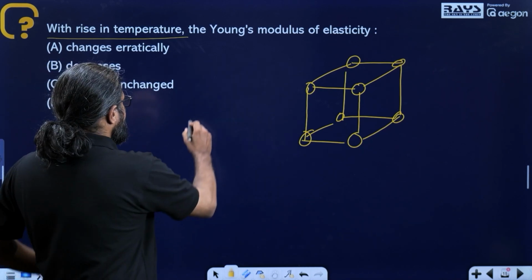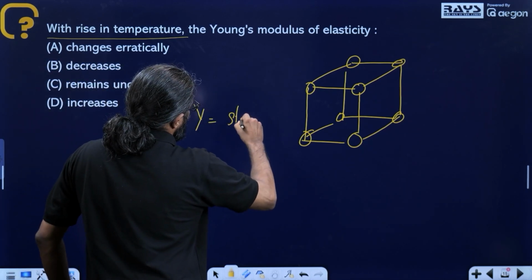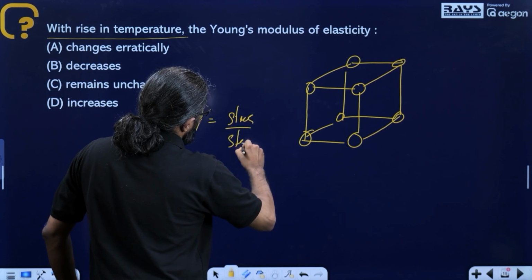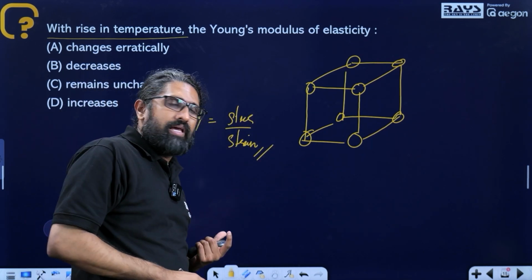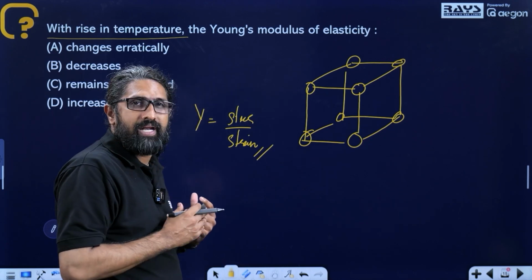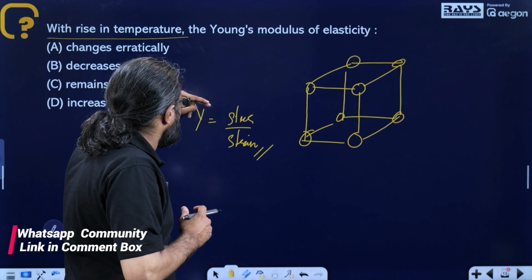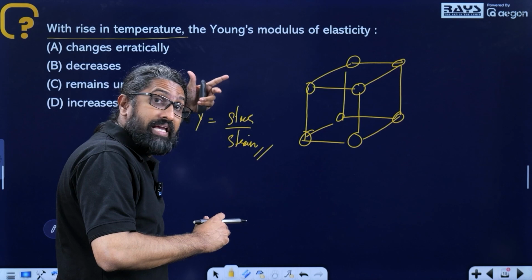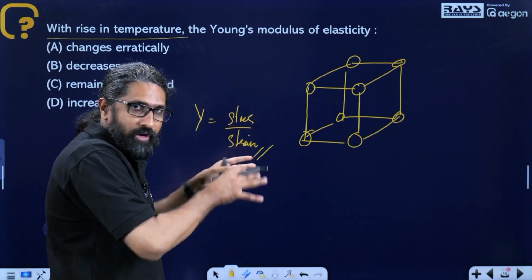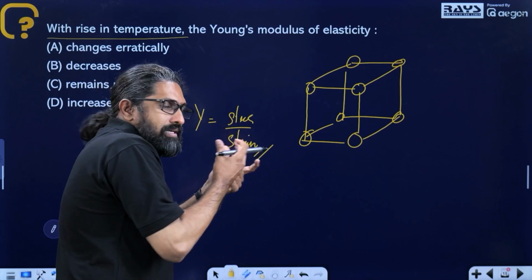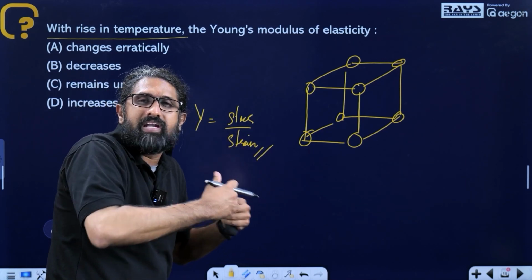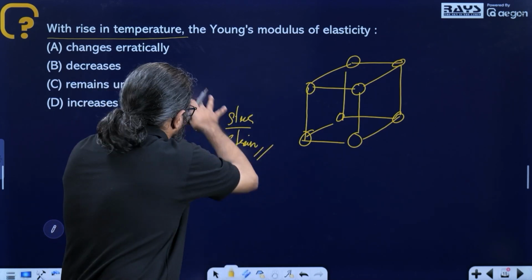And Young's modulus is given by stress divided by strain. Now, stress increasing means the restoring force becomes higher. And for Young's modulus to be higher, there must be a good restoring force for a given amount of strain. When the restoring force per given amount of strain decreases, Young's modulus decreases.